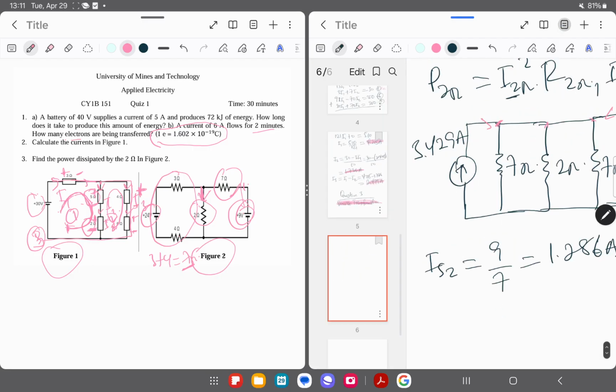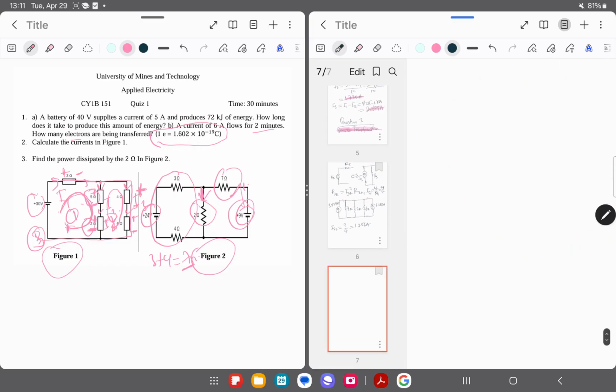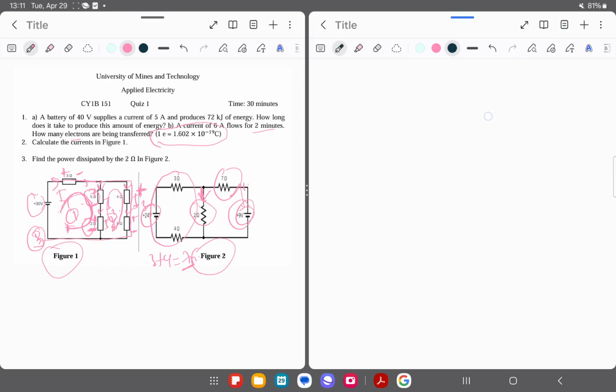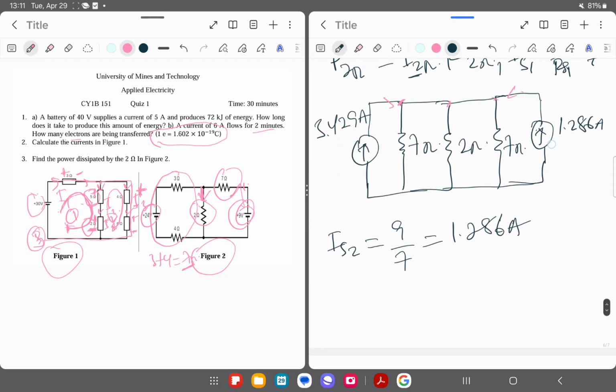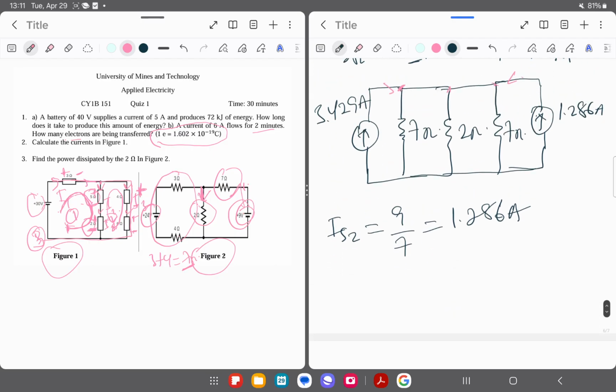So I can sketch another circuit diagram here. After we've done the algebraic sum, meaning this plus this, I'm just going to add 1.286 plus 3.429.